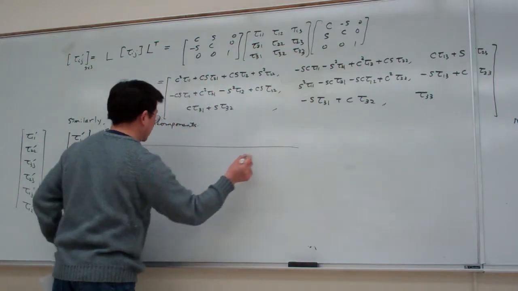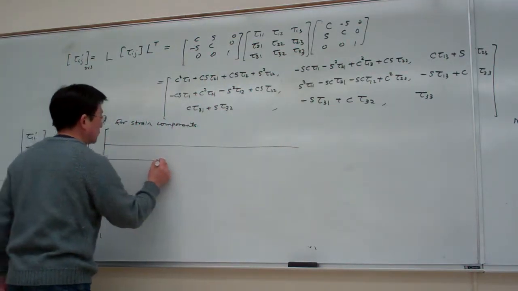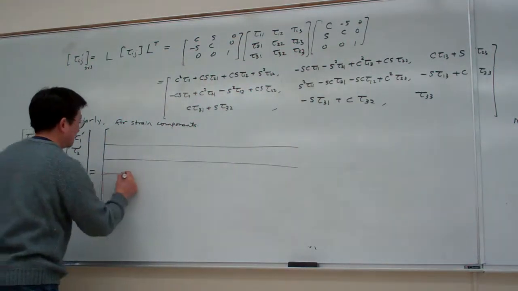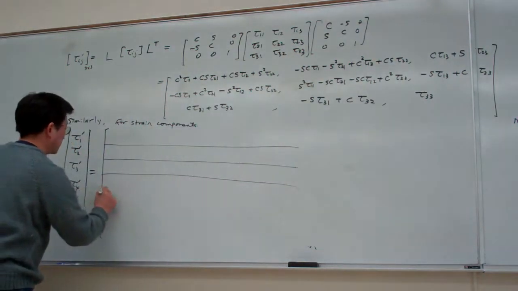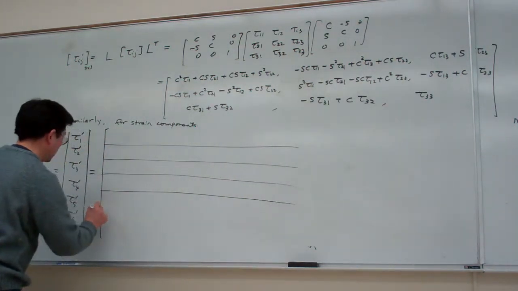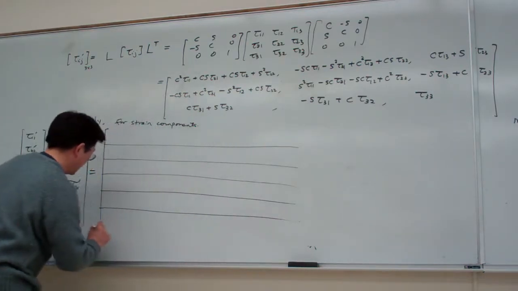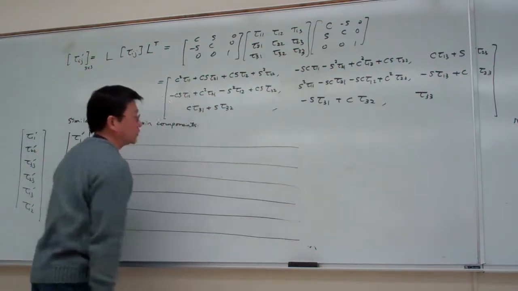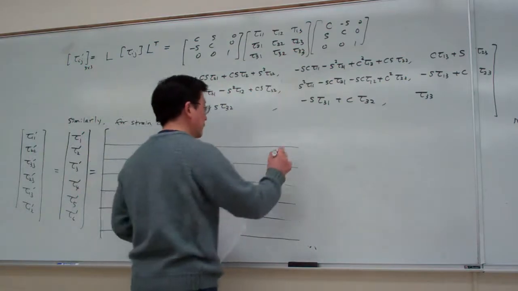Should be 6 rows, labeled 1, 2, 3, 4, 5, and 6. Do this one carefully.